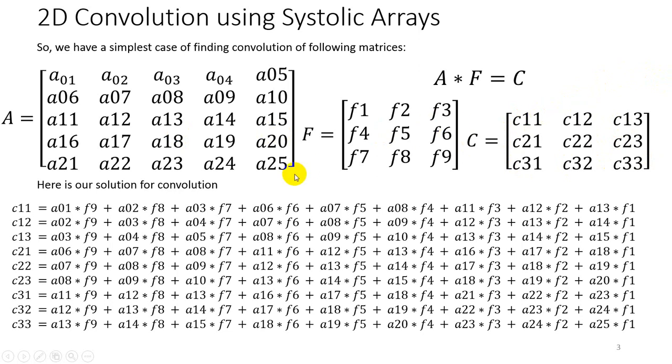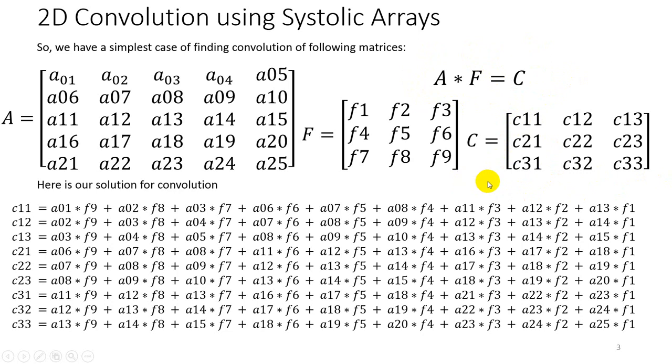We just have to invert the matrix F, like we do in the correlation, meaning F9, F8, F7 and so on, and we have some patches of the A matrix, and these patches are dot multiplied by this F matrix one by one, and we obtain the corresponding outputs of the convolution operation. So this is the symbol of the convolution operation, and this is the result of a valid type of convolution.